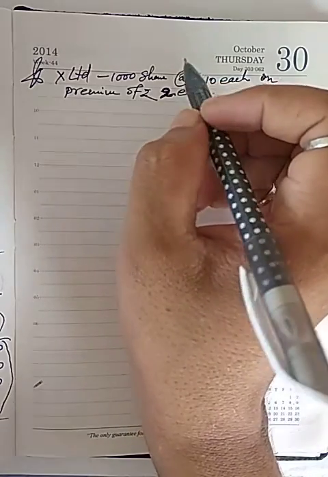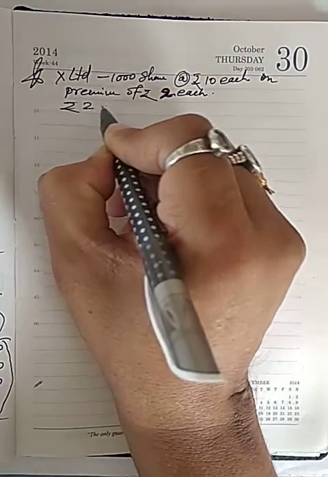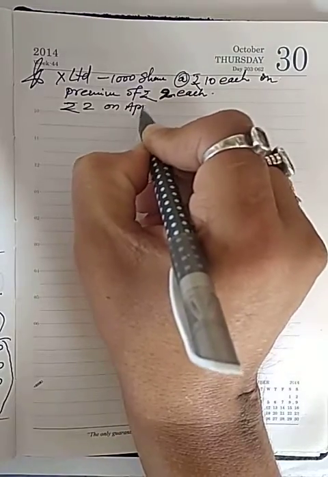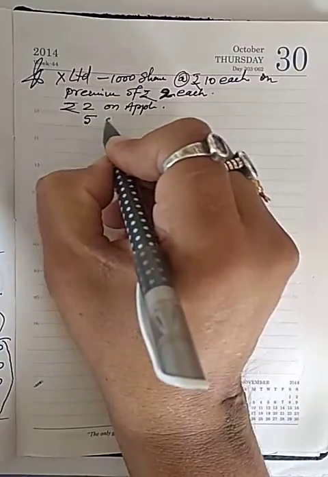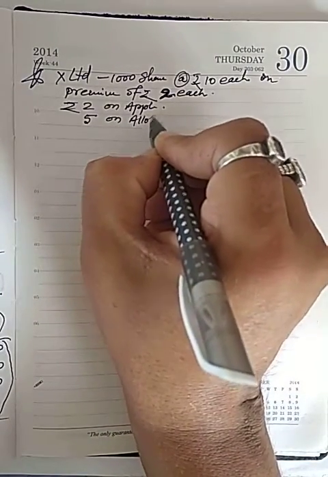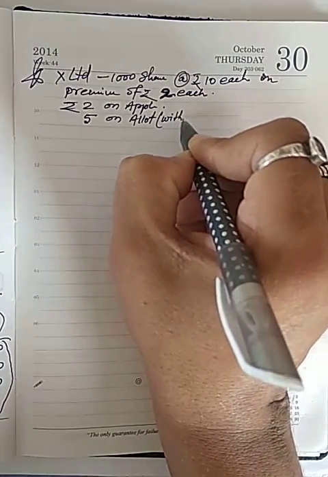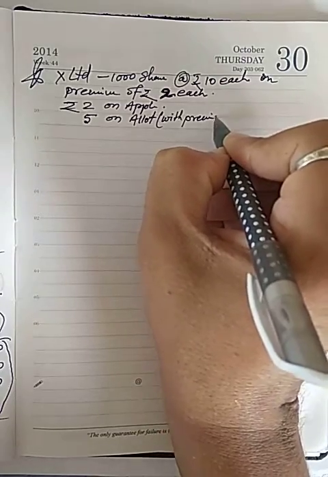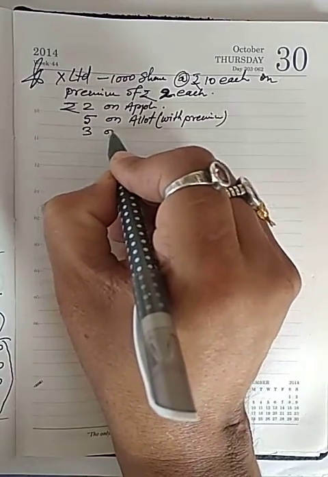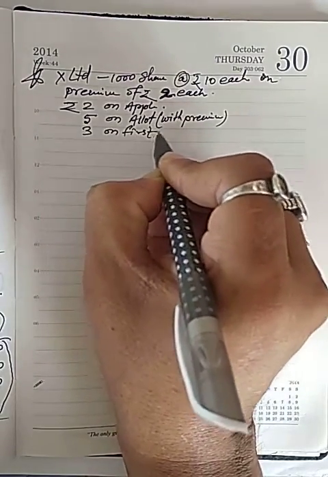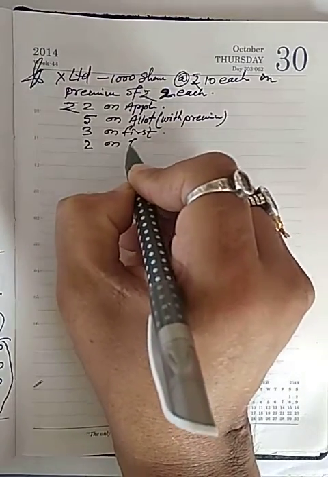Payable: rupees 2 on application, 5 on allotment including premium, 3 on first call, and the remaining balance 2 on final call.